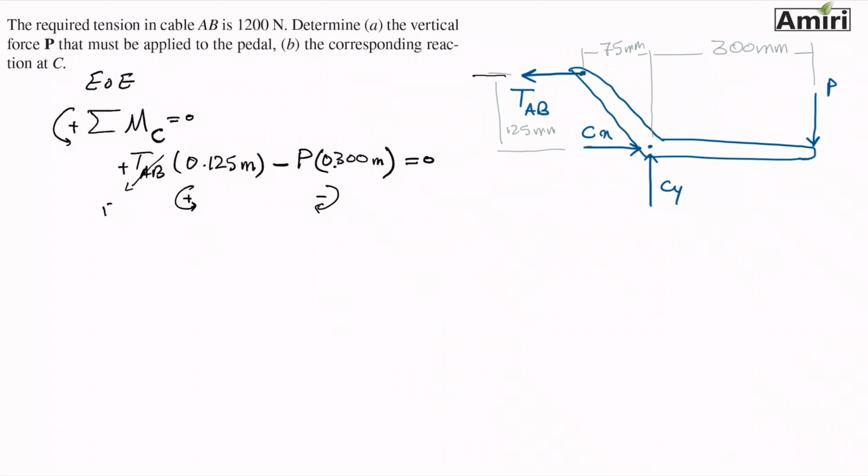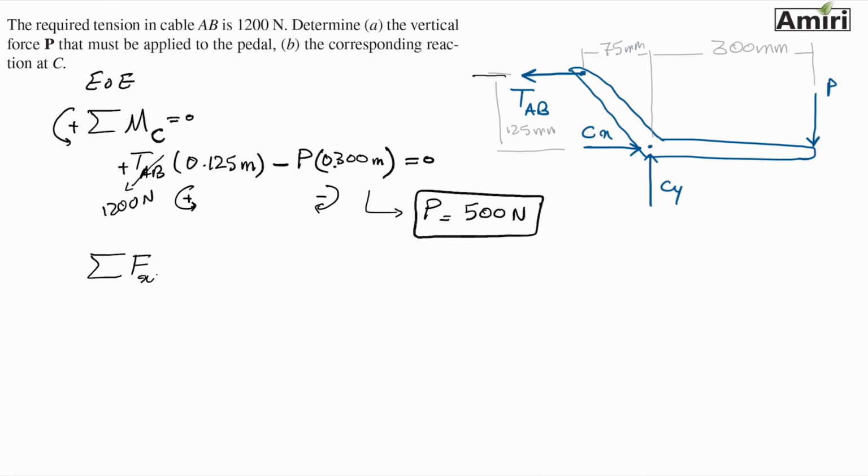TAB is given already to be 1200 newtons, so the only unknown I have is P. And you do the math, you can find P to be 500 newtons. I used one equation and found one of my unknowns. I have two more left. Let's use them and find the other two unknowns.